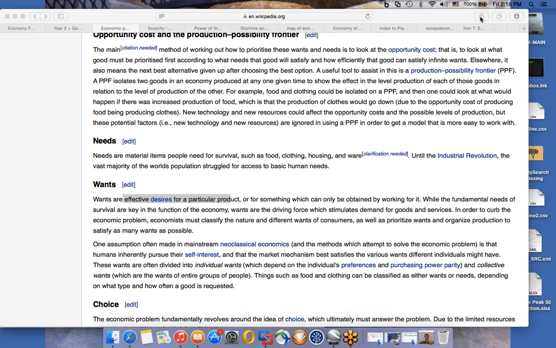Now, how about water? What happens with water? Does water have a price? Okay, there is a lot of water around, but what do we pay for? We pay for it in our homes.